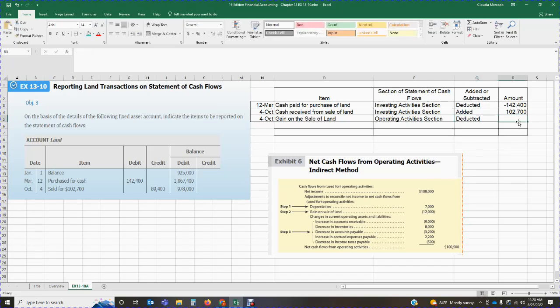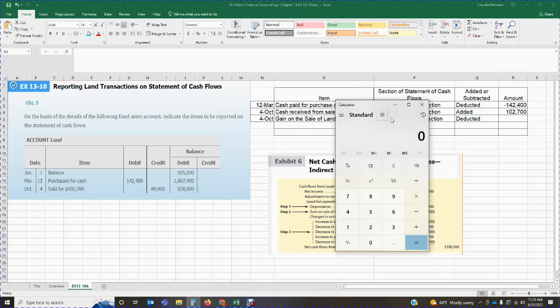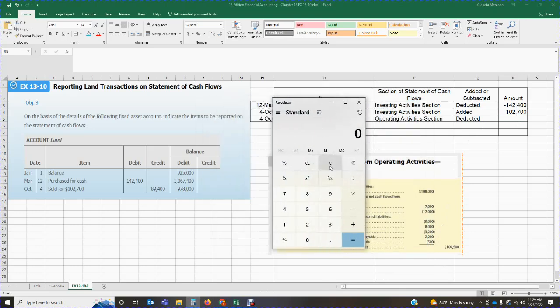And because it is deducted, we are going to enter it. And how much was the dollar amount? Let me get my calculator. I believe it was 13,300. 102,700 minus 89,400. That's 13,300.